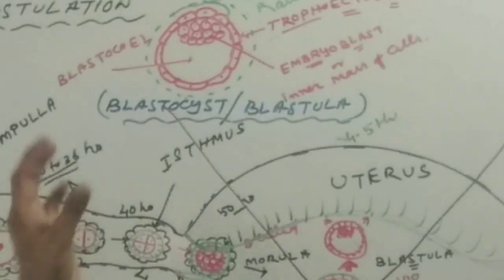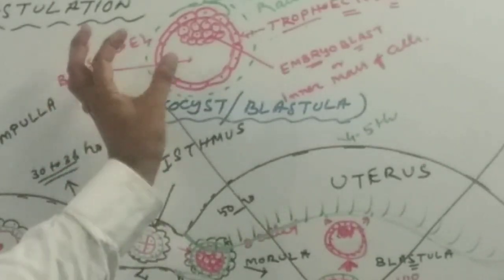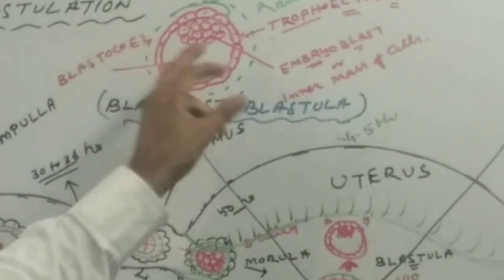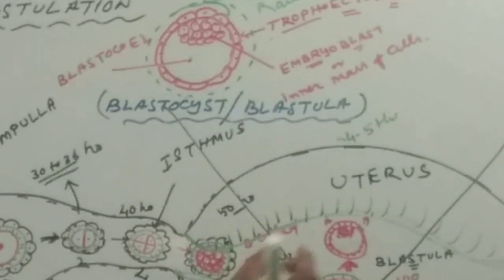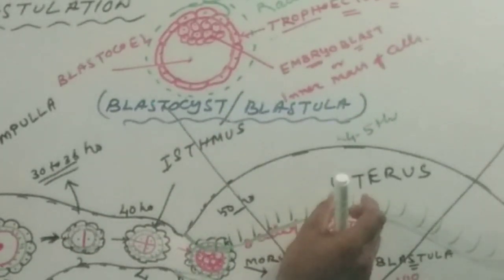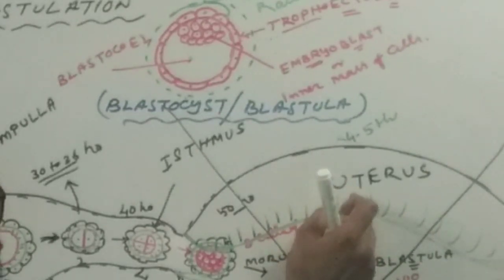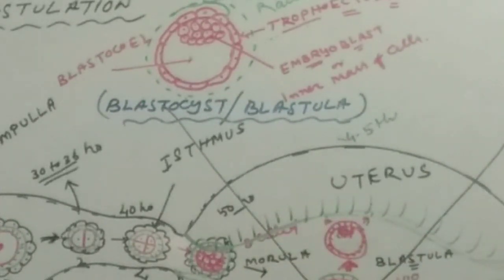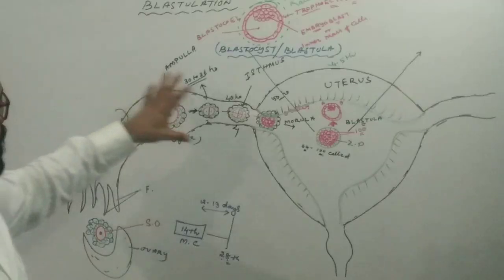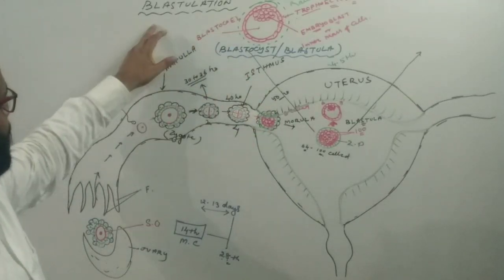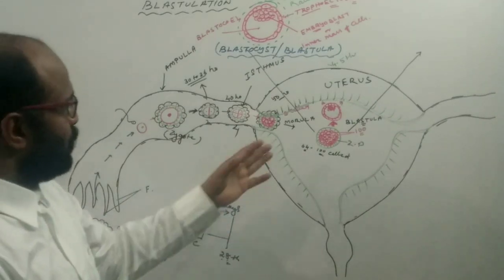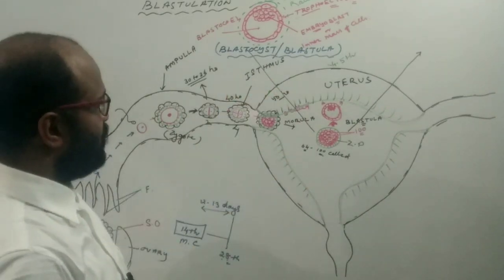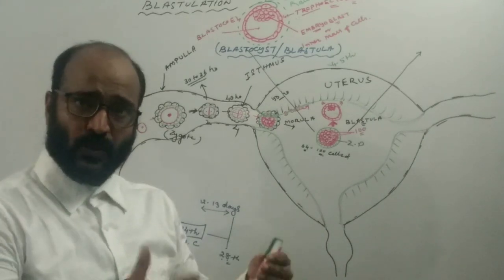The inner mass of cells attaches to some portion of the trophoectoderm layer, and the region which first comes in contact with the endometrial region is known as the cells of Rauber. So this is the actual process of blastulation, the conversion of morula into blastula.